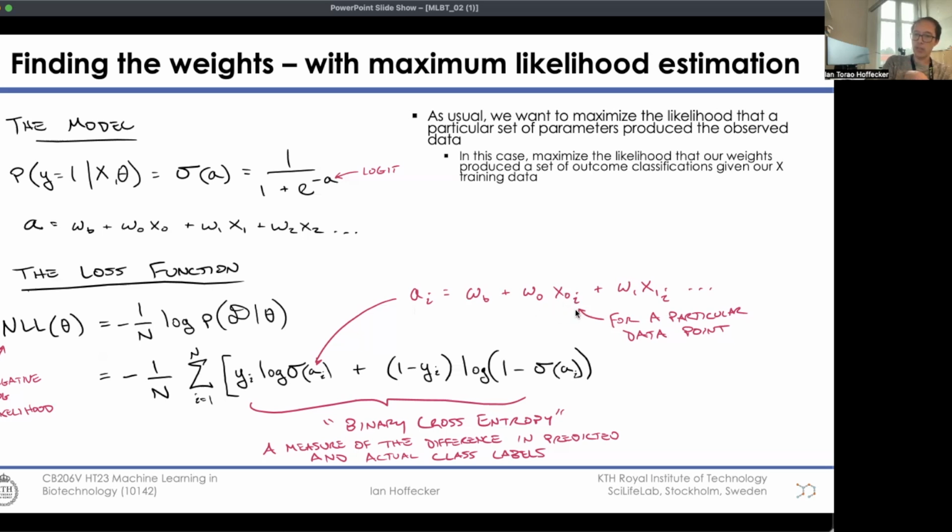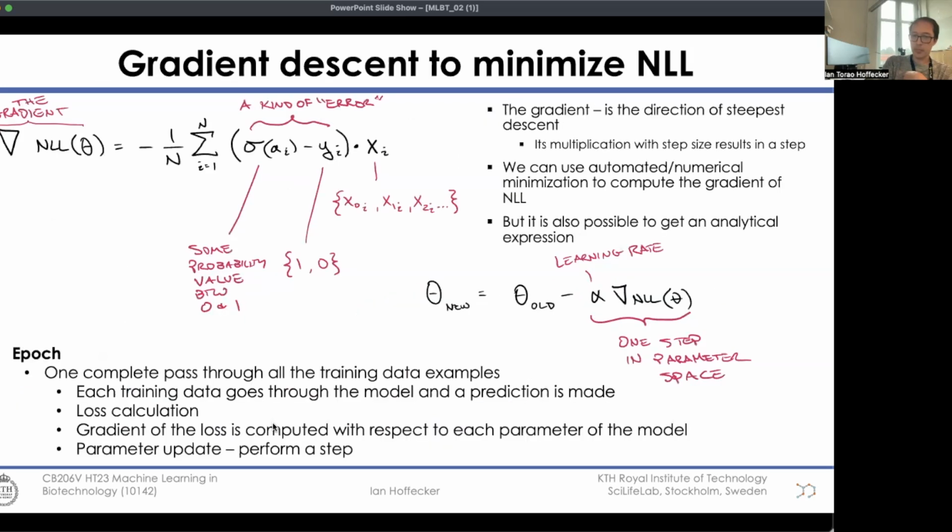So x0 for i, x1 for i. And again, that's going to produce a probability. And then we're interested in comparing that with the actual label y_i here, which would be our training data result. And so we want to minimize that function, the NLL or the negative log likelihood.